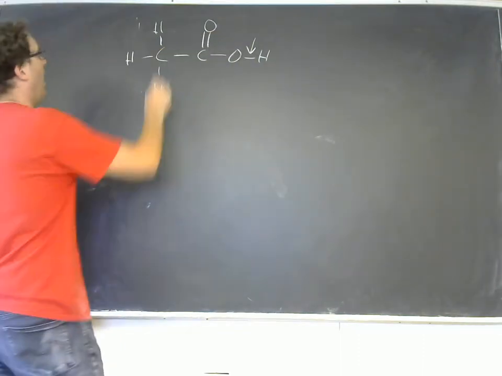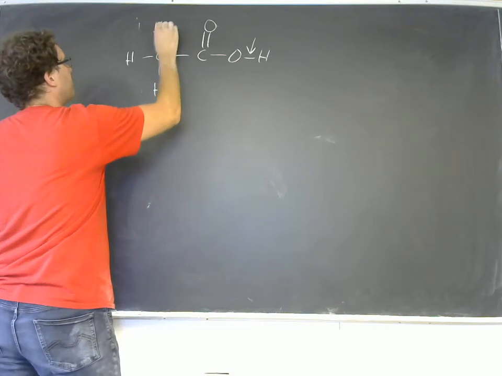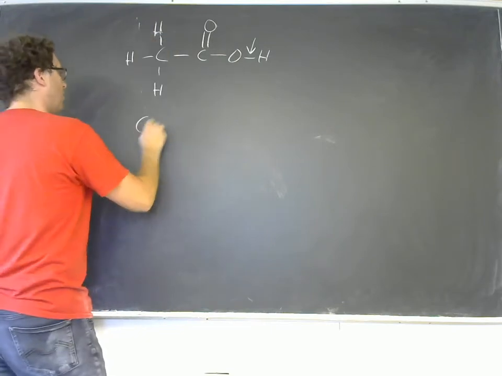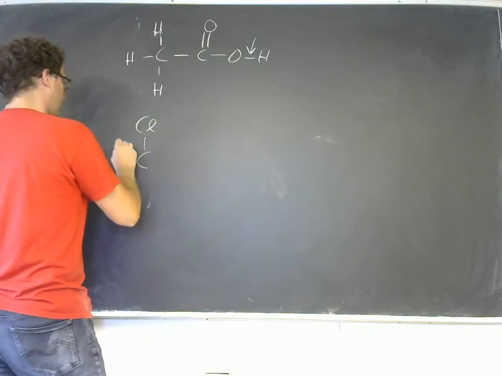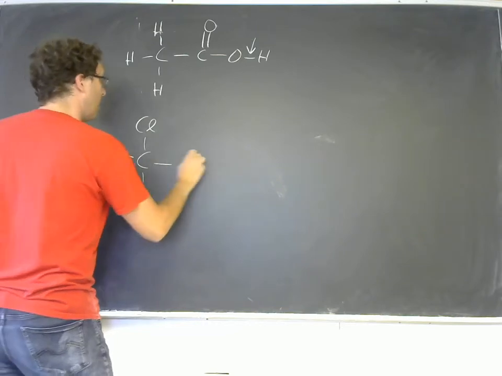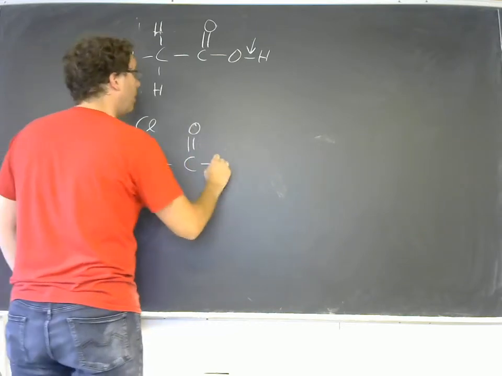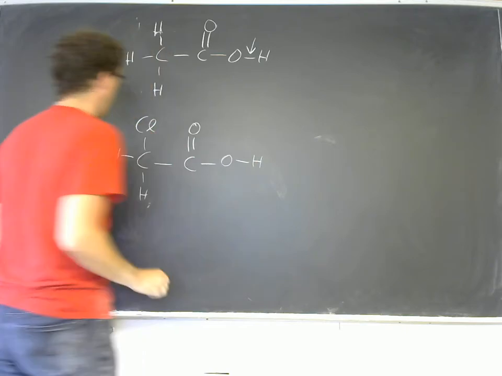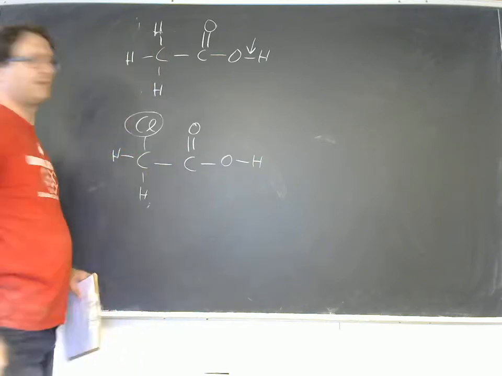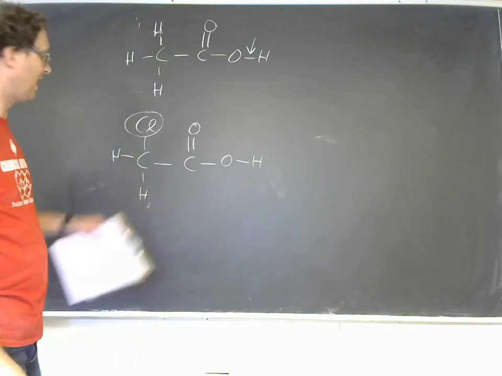Anyway, we can compare just plain old acetic acid with chloroacetic acid. And this chlorine right here is a lot more electronegative than a hydrogen.